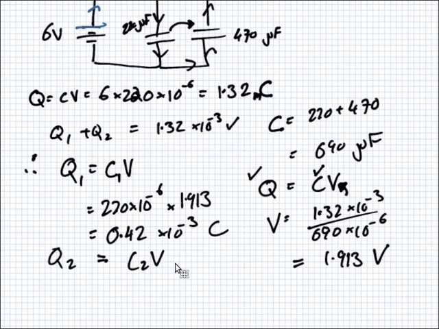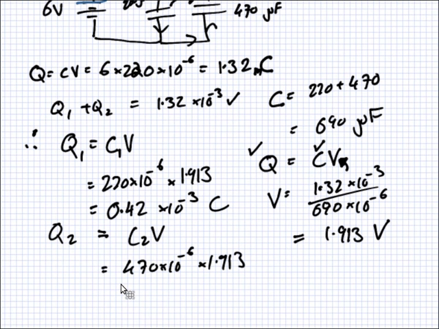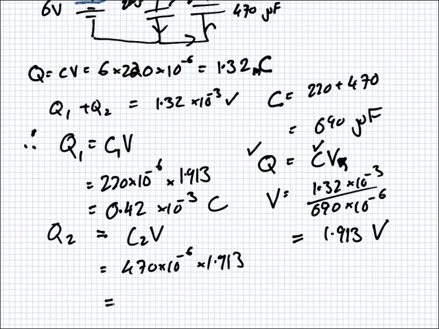So C2V, 470 times 10 to the minus 6 times 1.913. It should be about 0.8 or something. Yes, 0.899 times 10 to the minus 3 coulombs.